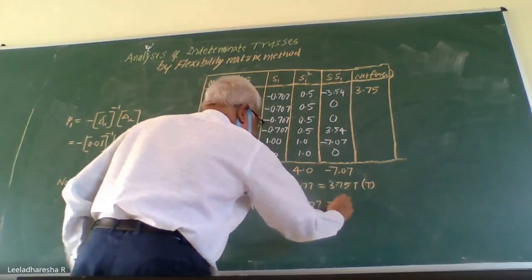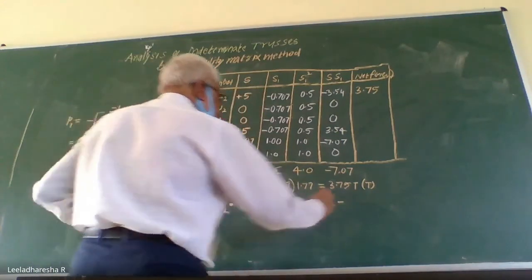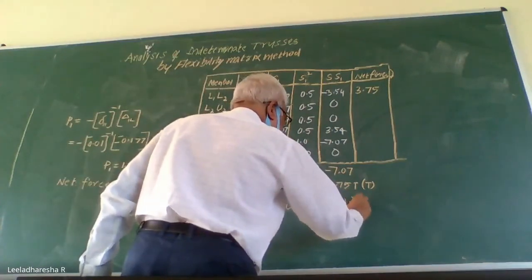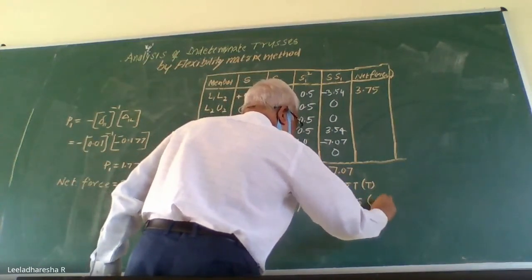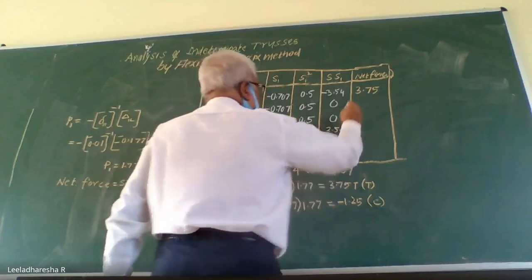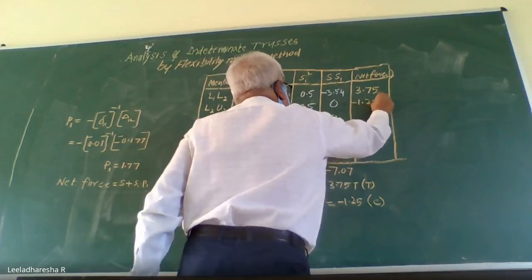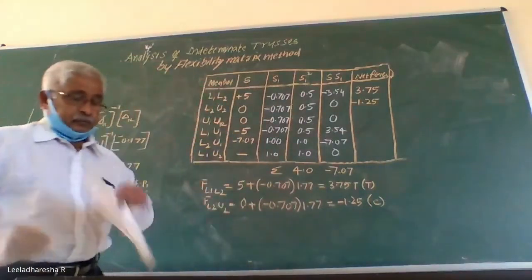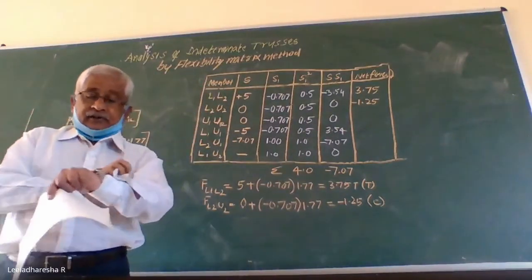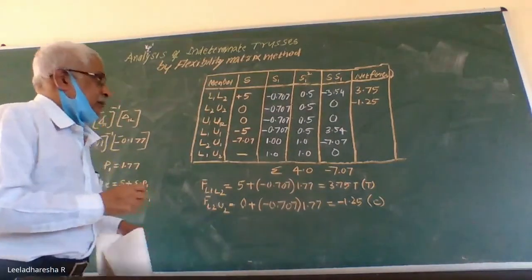So if you do it, you get minus 1.25. Minus sign indicates it is compression. Minus 1.25. Similarly, you can find the forces in all the members.